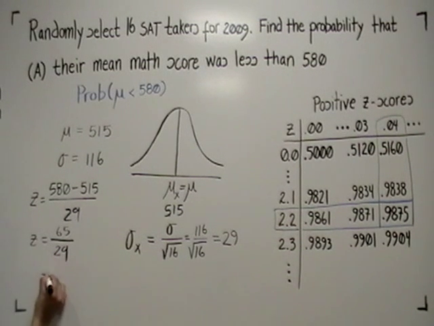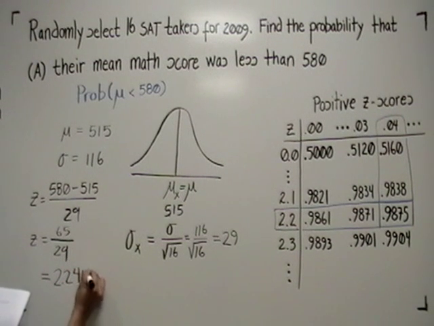When you put this in a calculator, you get a decimal expression of 2.24137 and change. Now, when we look at z-scores in a table, which is what we're going to employ right now, we need to round off to the nearest hundredth. When you round to the nearest hundredth, you get 2.24. So we're going to use 2.24 as our z-score.